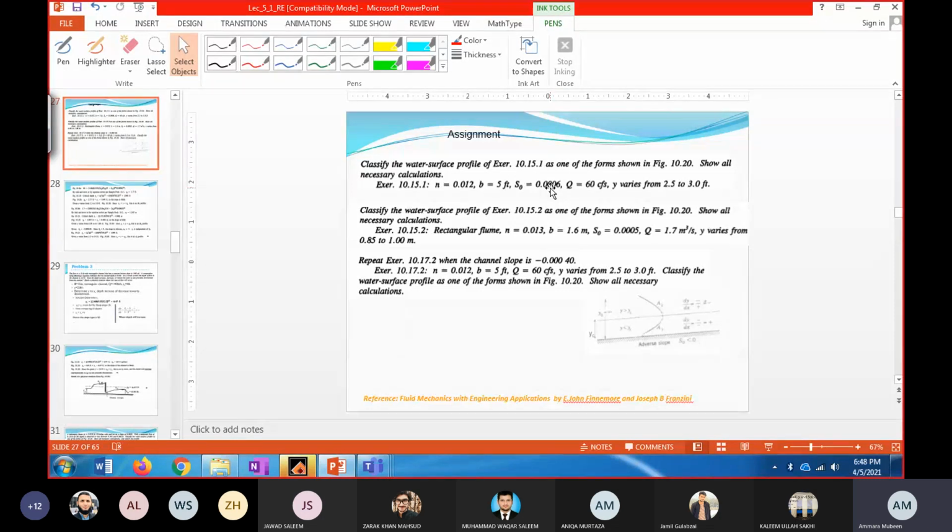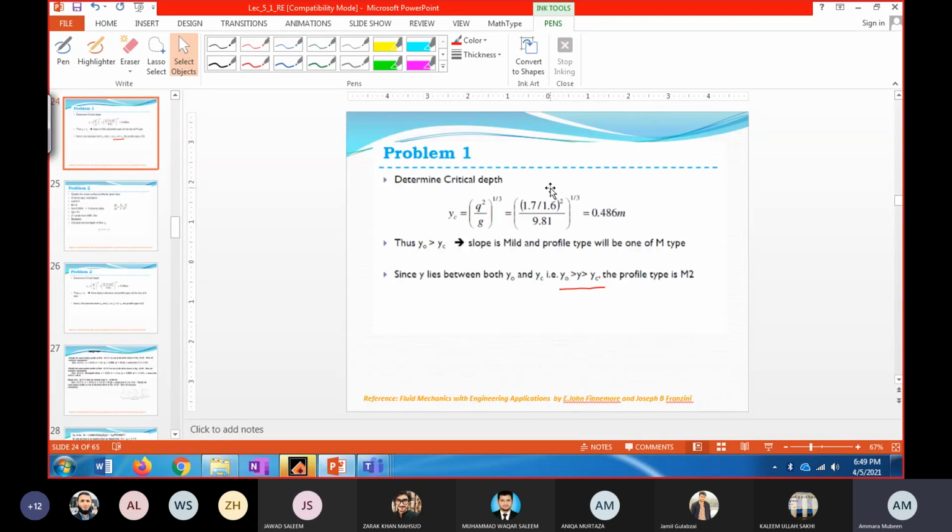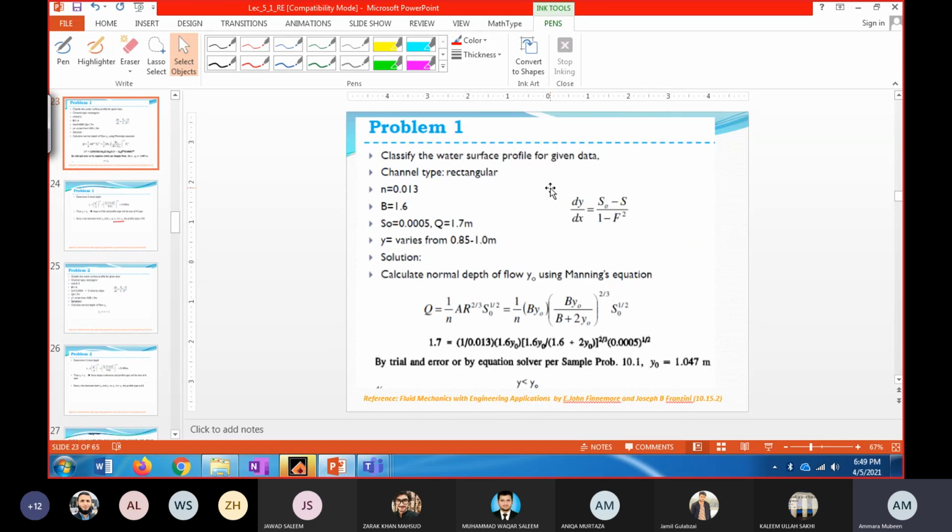Let me write it for you so that you can calculate the uniform flow depth value. So this is Manning's formula.